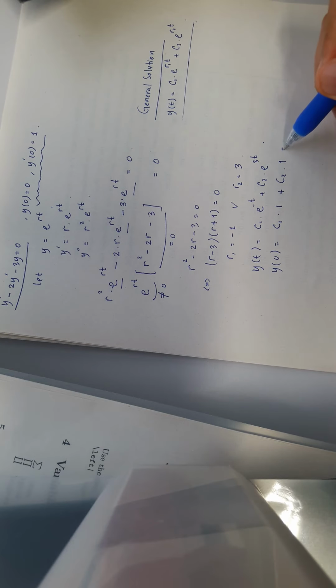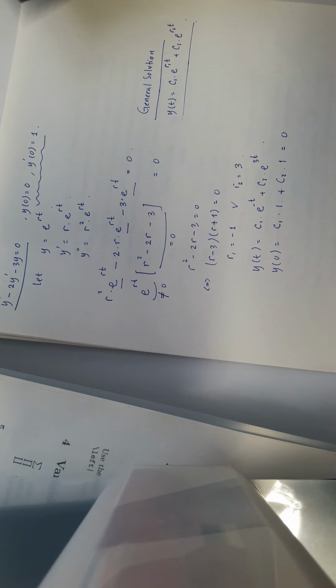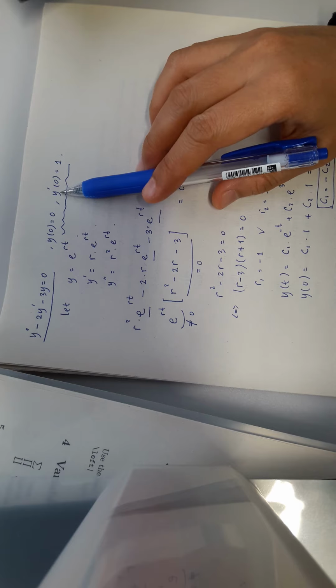This is equal to 0 because y(0) is equal to 0. From this equality, we have c1 equal to minus c2. We call this (a).